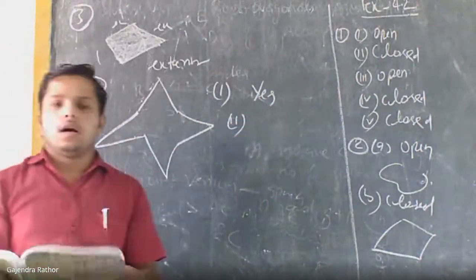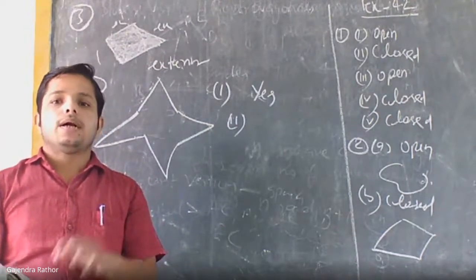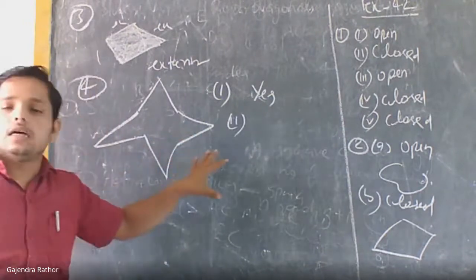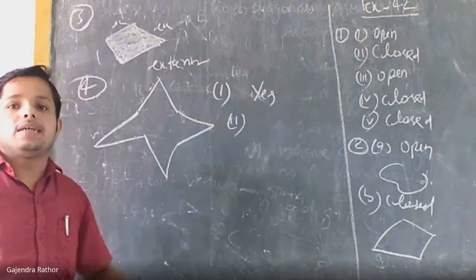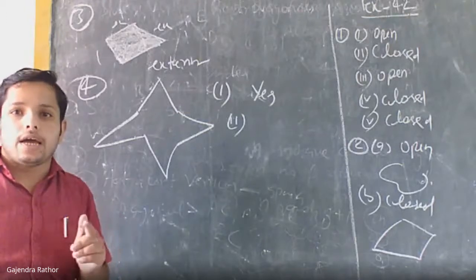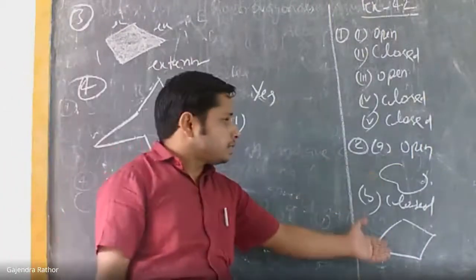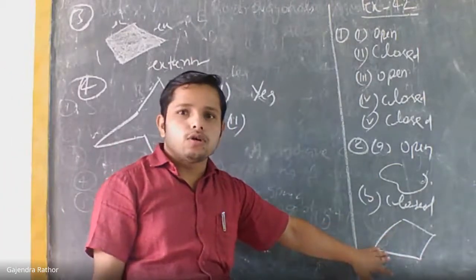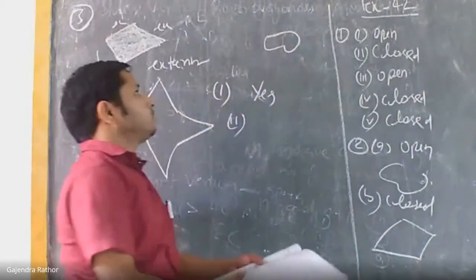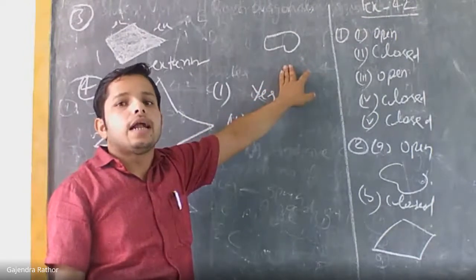Why yes? Again listen. All polygons are curves, but all curves are not polygons. All polygons are also curves, but not all curves are polygons, because there is a condition: they must be made of line segments. For example, this is both a curve and a polygon, but like this, this is a curve but not a polygon because it is not made up of line segments.